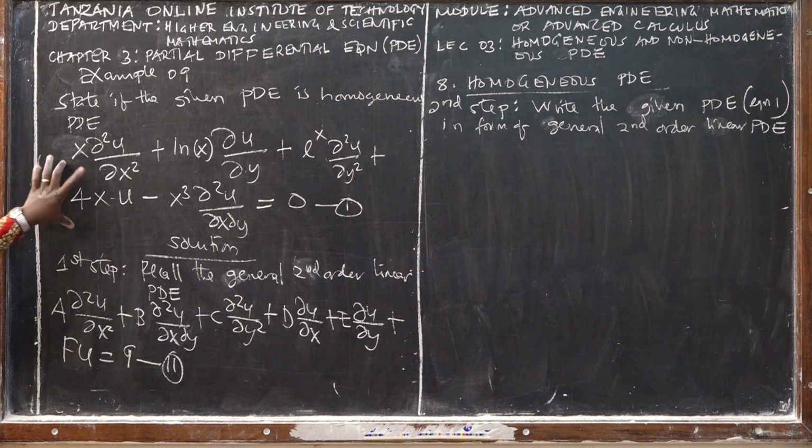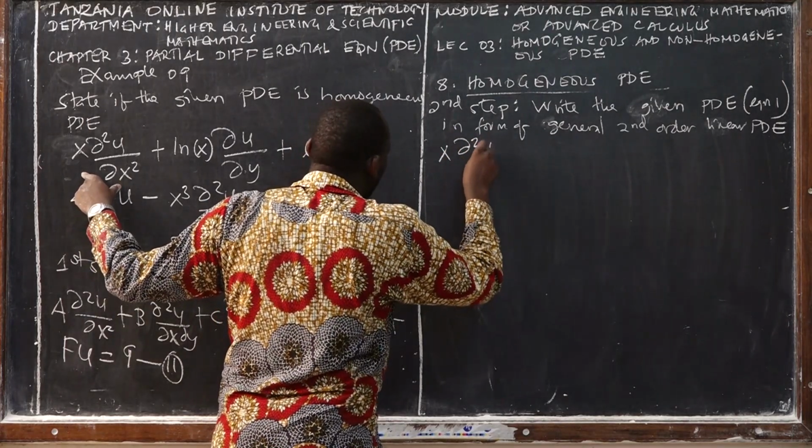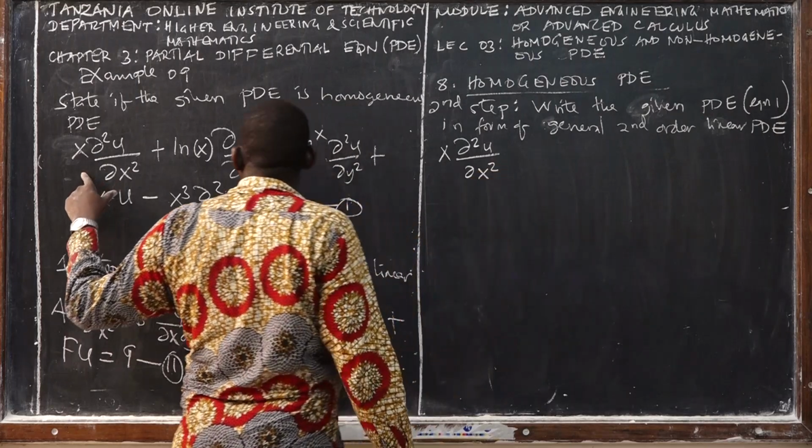Listen. This is the equation that we have been given. Arrange all the terms systematically according to the general second order linear partial differential equation. So how do we arrange? Find the first term. Do we have it? Yes, it is here. The second partial derivative of u with respect to x squared.